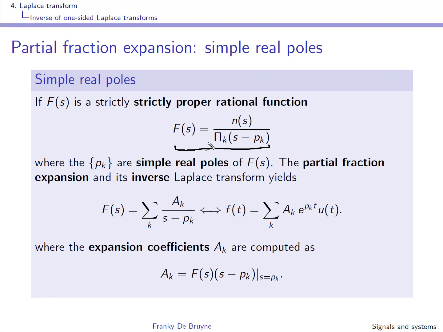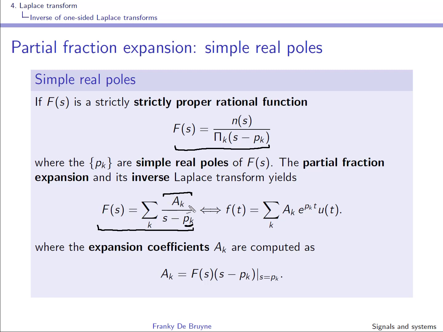So what you can do now is the partial fraction decomposition. You'll write it as a sum of terms that look like this, and here you have the corresponding poles, and this is a coefficient that needs to be computed.